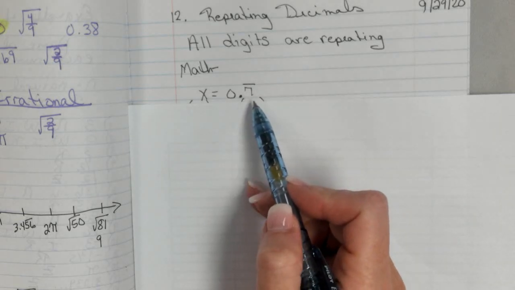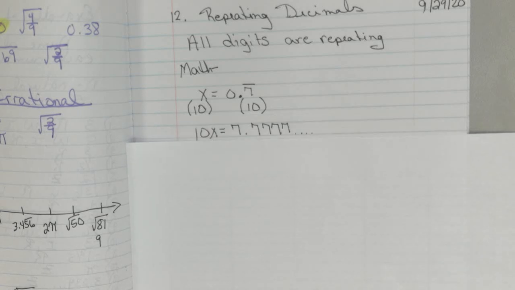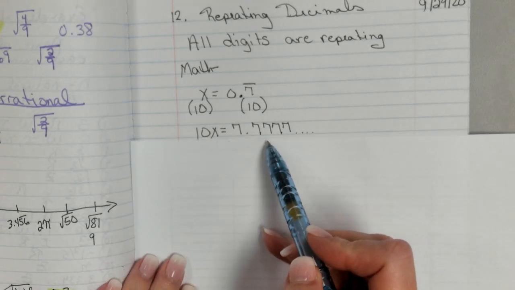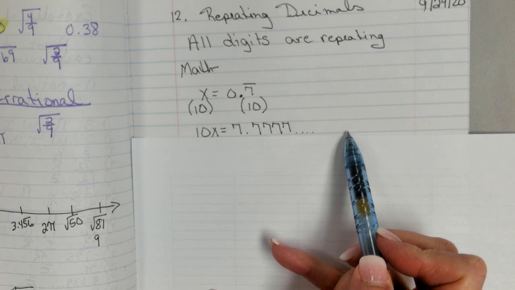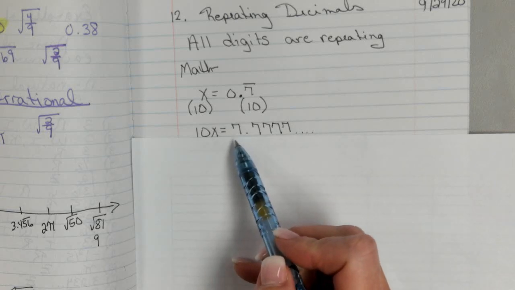This is a tenths place, so I'm multiplying each side by 10. We've got to keep it balanced. Remember, it's an equation. So once I do that, I end up with 10x equals 7 and I still have all of those 7s hanging out afterwards, but this is giving me a number in the ones place that I can work with.